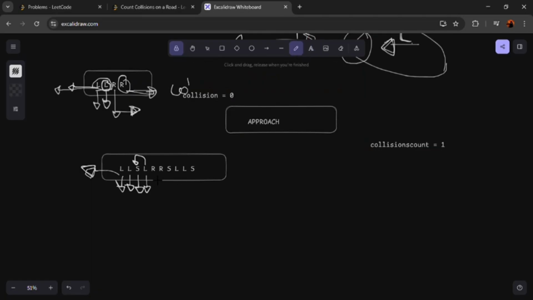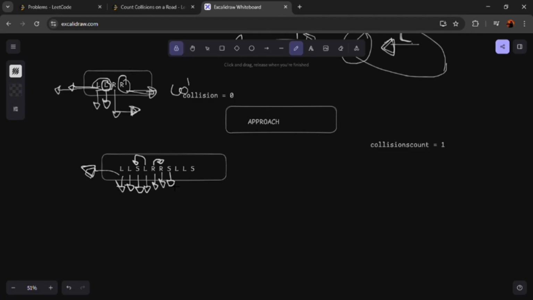Okay, now look at this car moving to the right. Okay, no collision, because when this car looks in the right direction, there is no collision found, because this car is also moving in the right direction. Okay, now move further.